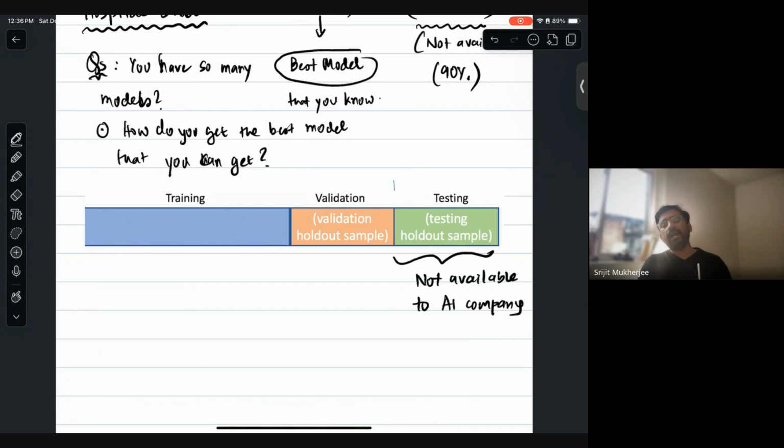So what you do is you create different unknown data. Just like the previous test for one model, you create a different unknown data.